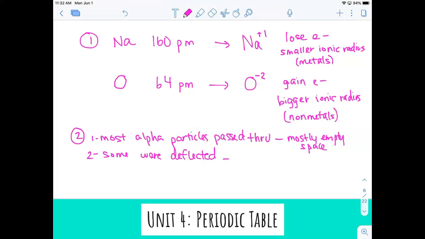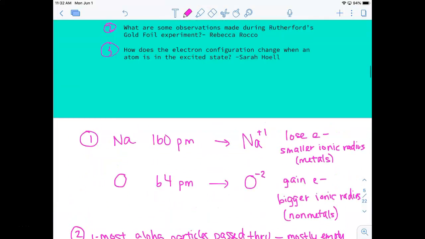So since alpha particles were positive, and he noticed that the particles were being deflected or pushed away or repelled from whatever they were hitting into, he knew that something inside the atom also had to be positive. So he said that the atoms have a positive but small, that's why not a lot of the alpha particles hit it, but very dense nucleus. So those were his two conclusions based on his two observations.